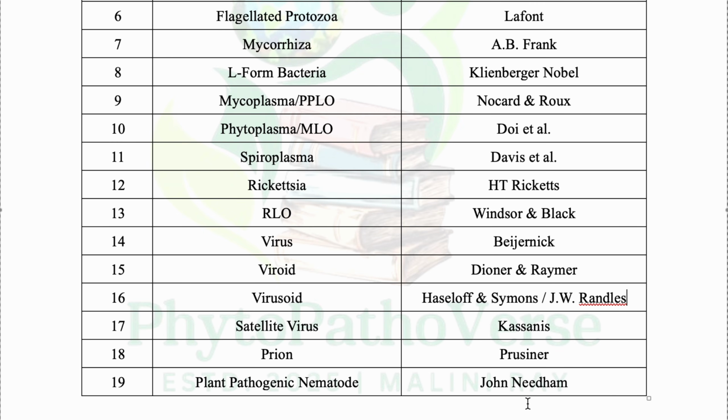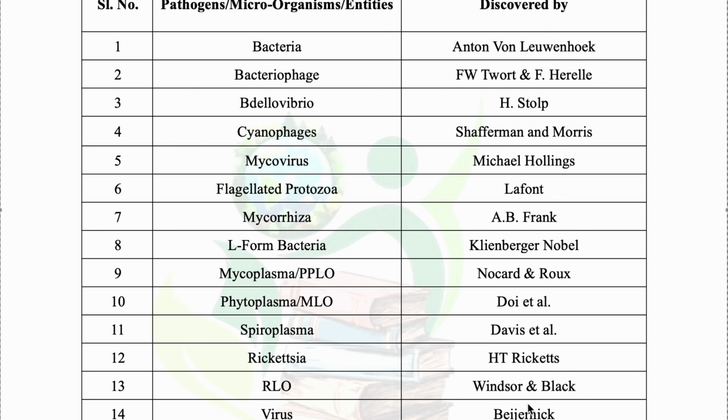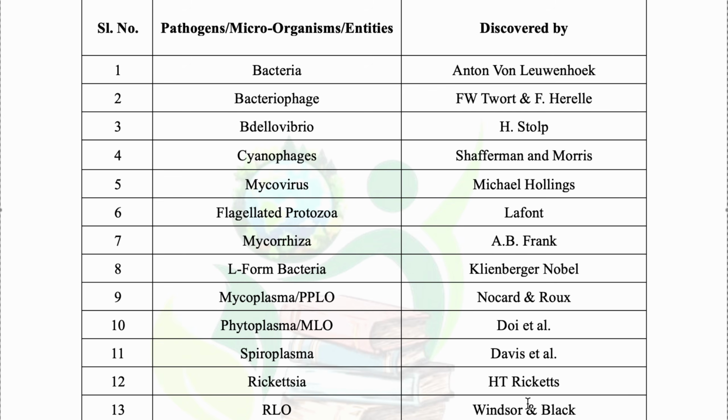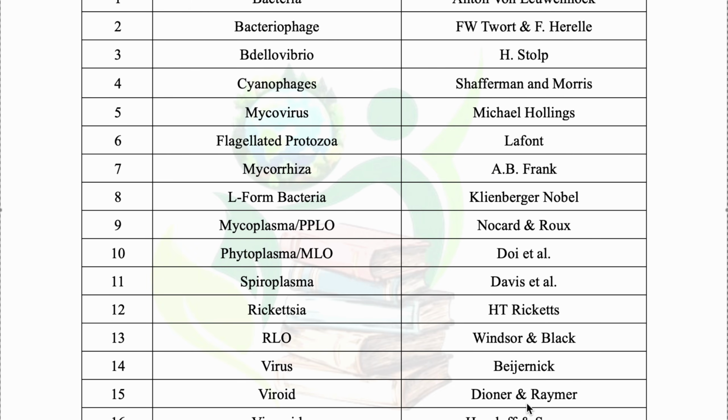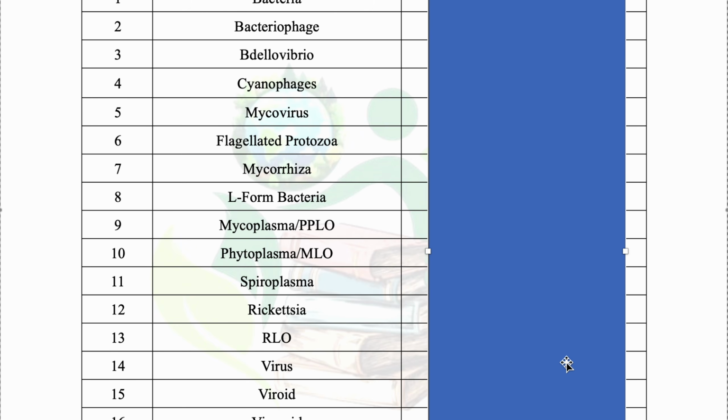Okay, so since we have learned this once, now I would like to do a different approach this time, and it's time for revision. So what I will do, I will hide the answer. Okay, like this.